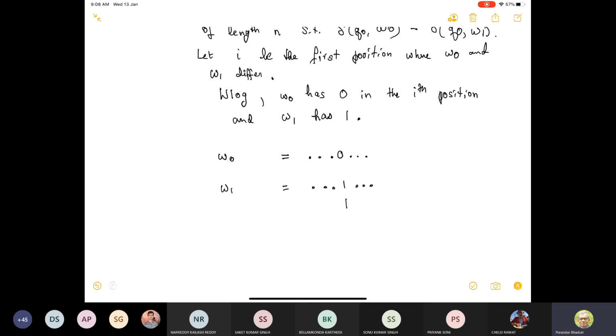So this is the ith position. And because these two strings are of length n, there are n minus I bits here, right? Have I got it right?